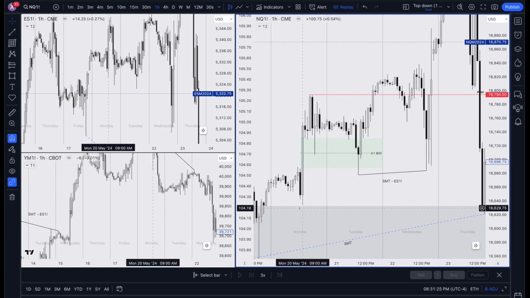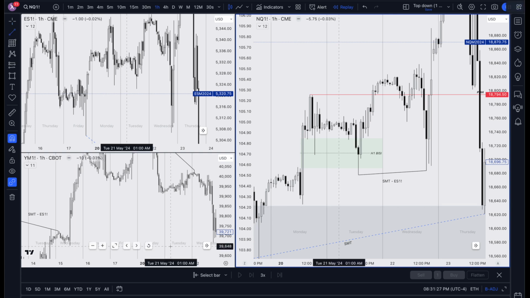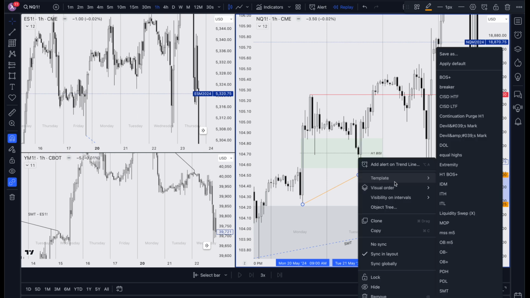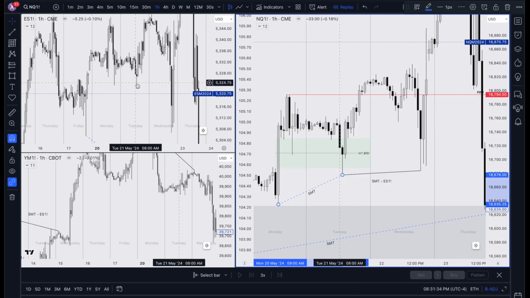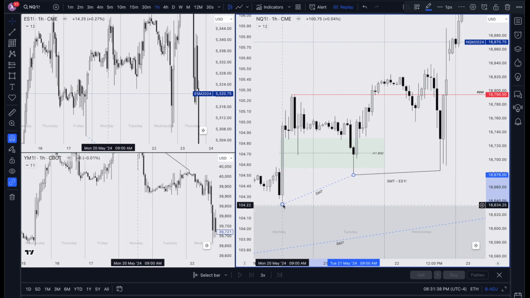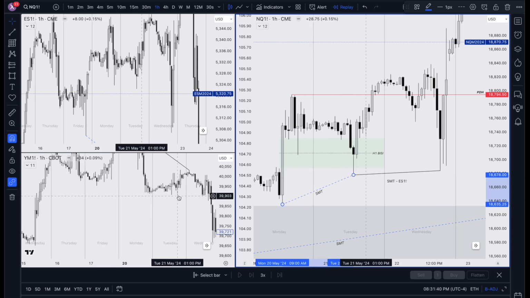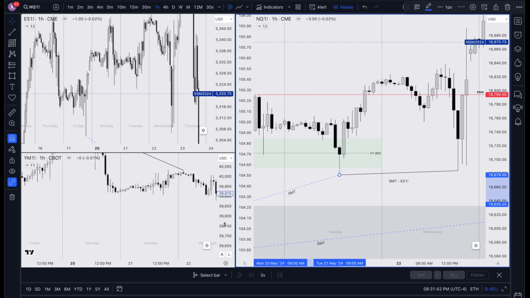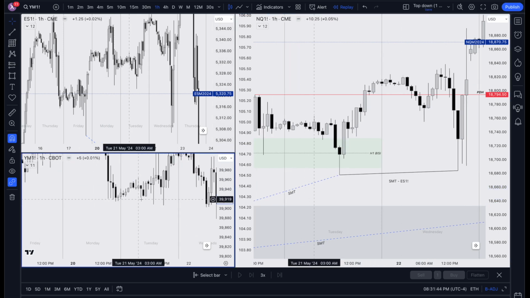Oh, it's this huge SMT. Okay, it's this SMT right here with my Dow Jones. Nice. Sometimes I zoom too much in. I forget the Dow has been trading way lower. So I have my large SMT formed, this Monday low right in here. And then maybe I can find a lower time frame SMT as well.